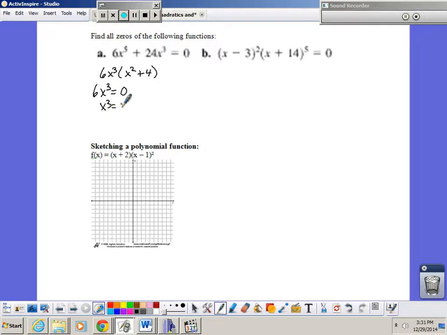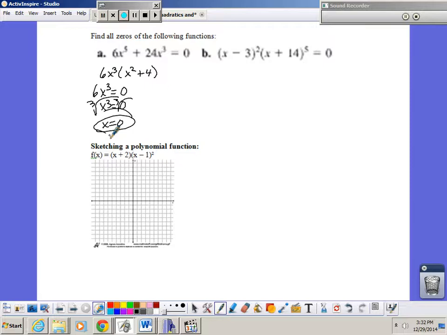X cubed equals 0. X cubed means x is 0. So I have 3 roots at 0. So there's 3 of my 5 roots.